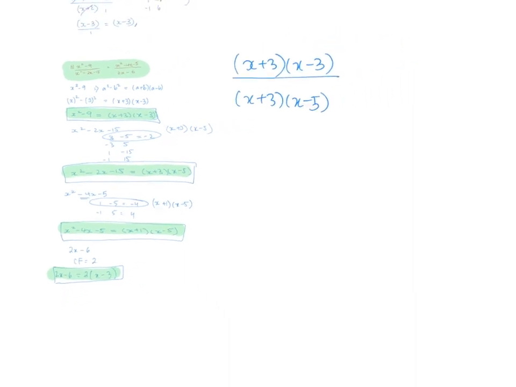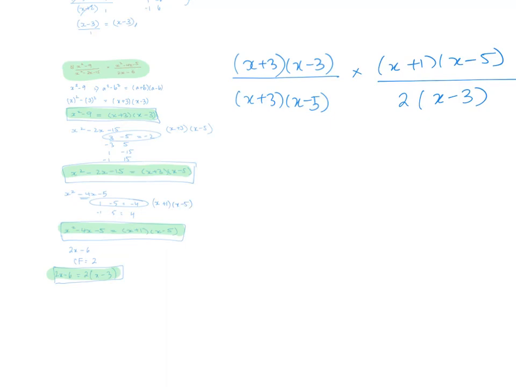And I also had times x squared minus 4x minus 5, and that could be rewritten as x plus 1, x minus 5. And the denominator I had 2x minus 6, and that could be rewritten as 2 on the outside and x minus 3. Now my aim isn't to expand these fractions. My aim is to do as much cancellation as I can.